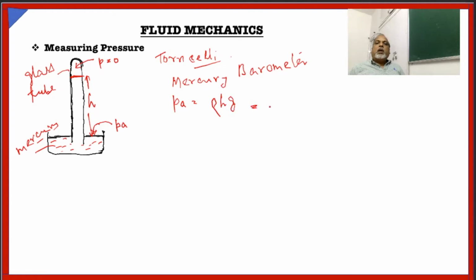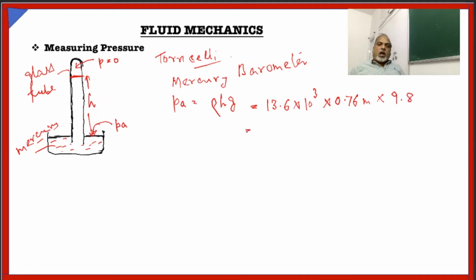In the case of mercury, rho is 13.6 into 10 raised to 3. He found that this H is 76 centimeter or 0.76 meter, and 9.8 is the gravity.